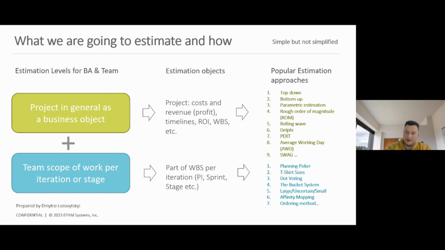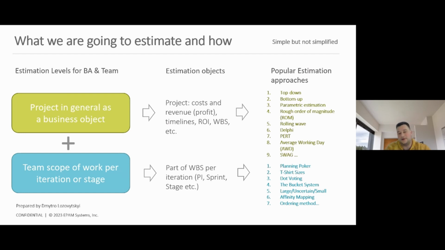The second level is the most applicable level, I mean, first of all, for business analysts, because we are in that process. So, the team scope of work per iteration or stage. And you can see, guys, what objects we have here.